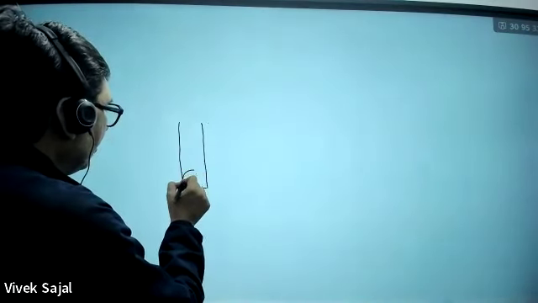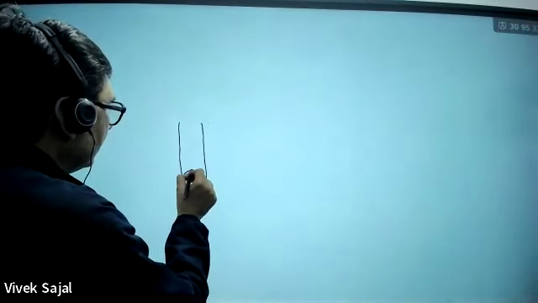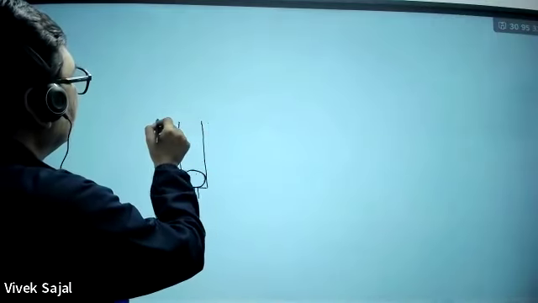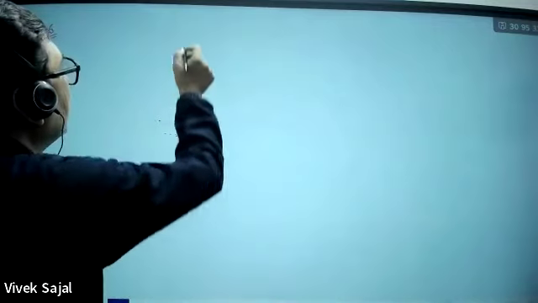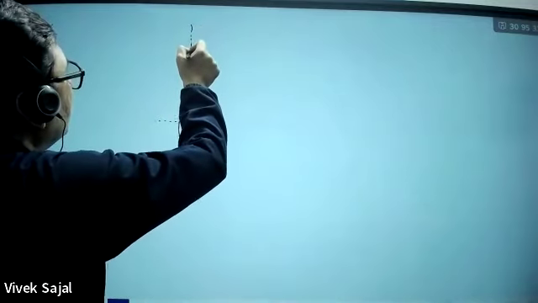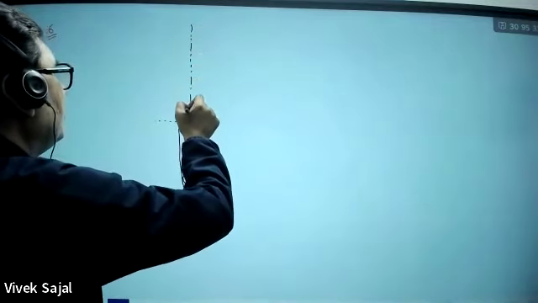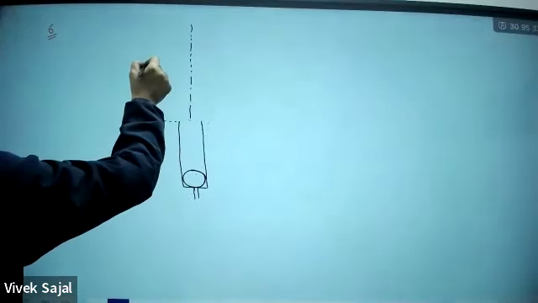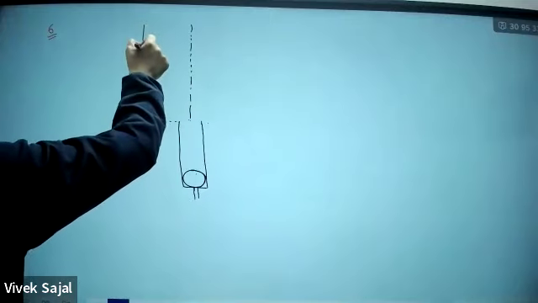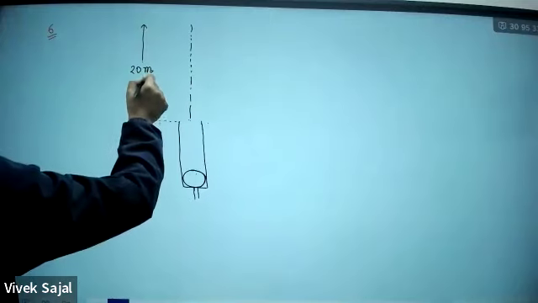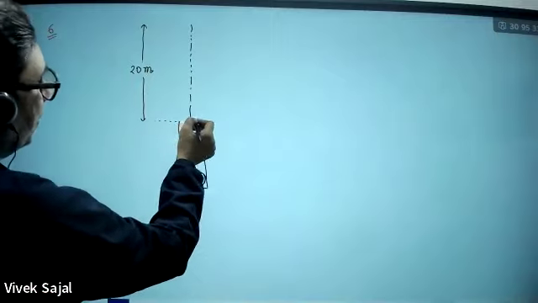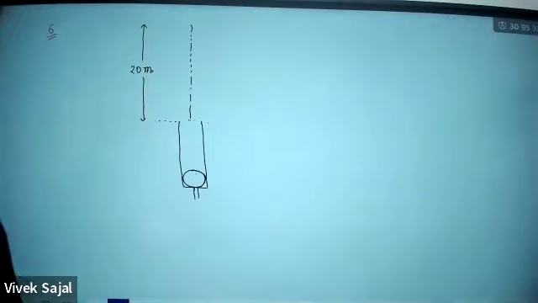So here you are having a ball like this, and when it is coming out, from here to here it is 20 meter. It is thrown in the upward direction and it moves up to a maximum height of 20 meter from this point. This is given after leaving the machine.